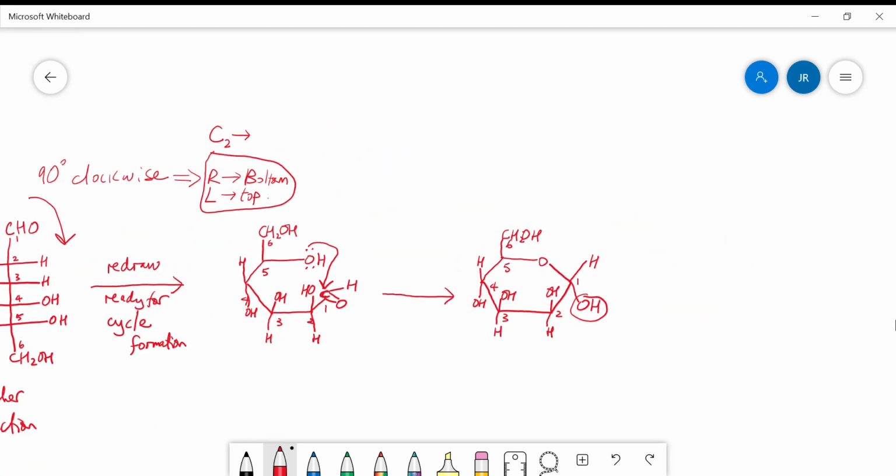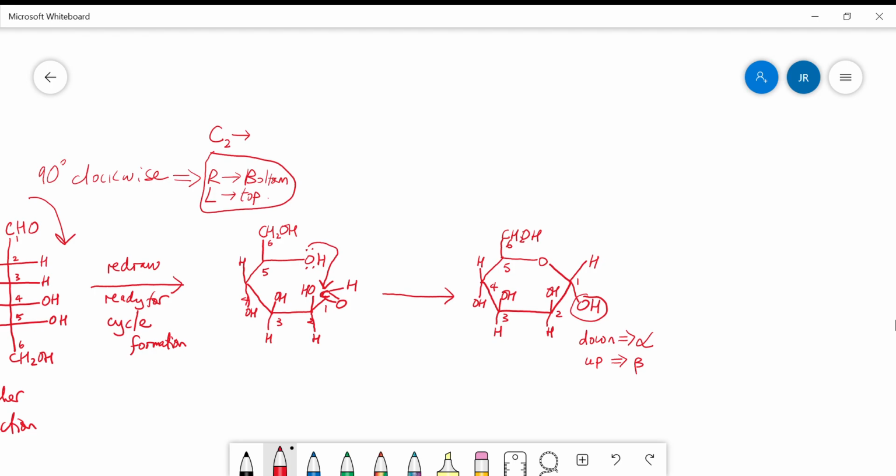So essentially, if it's down, we call it alpha, and if it's up, we call it beta. So if I were to have the oxygen up here, we'd call it beta.